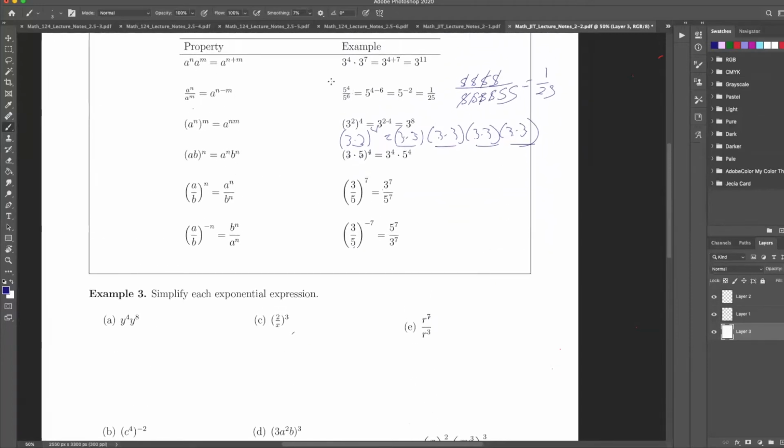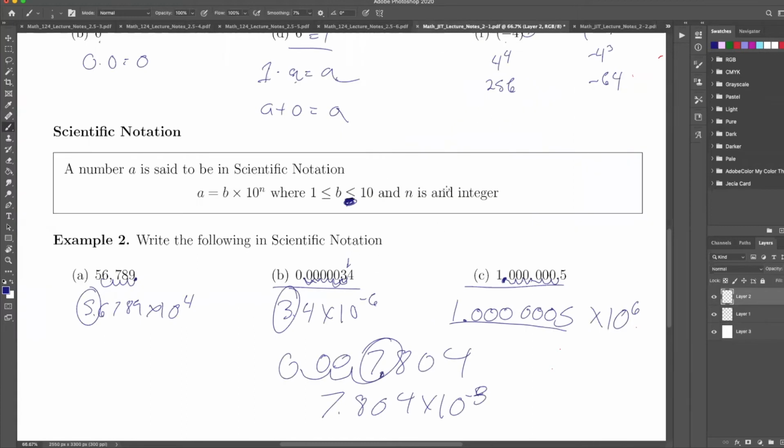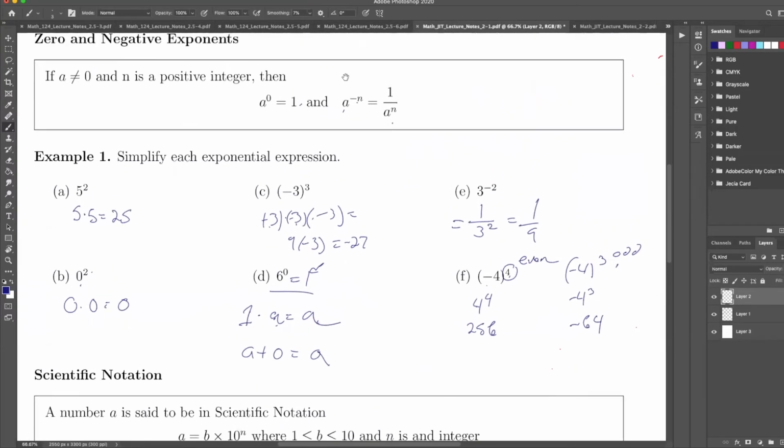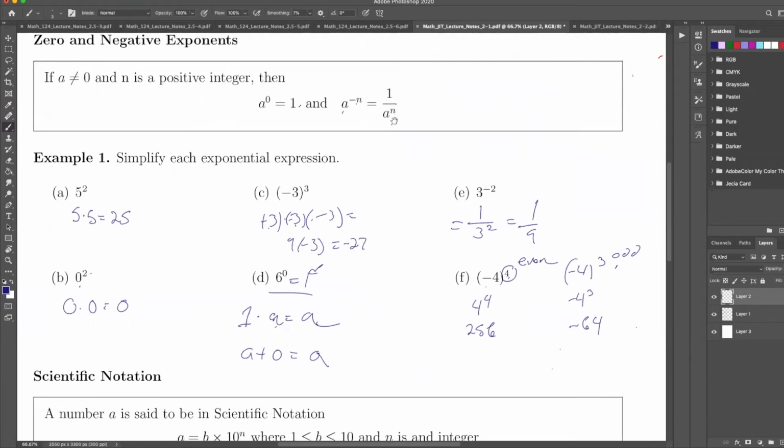So here I have 5 to the 4th over 5 to the 6th. So I have 4 5s up top and 6 5s down below. Now, algebraically, I can just do 4 minus 6, so 4 minus 6 is -2. And remember from our first page that 5 to a negative number is the same as 1 over that number.